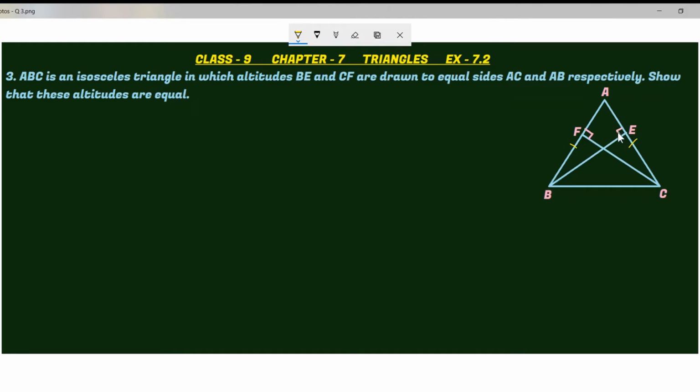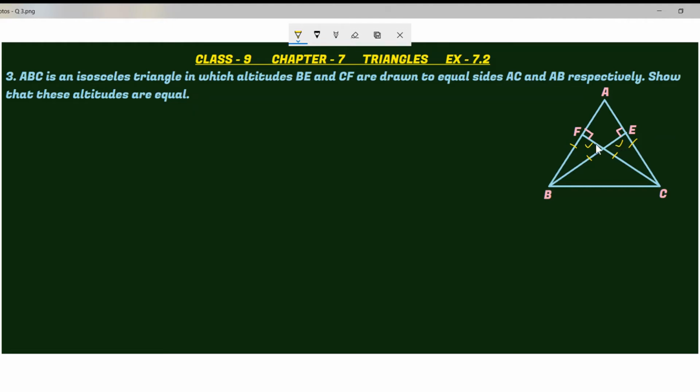We have to prove these two altitudes are equal to each other. For that, what we have to do? We have to take the triangle ABE and the triangle ACF. Then, we have to prove first these two are congruent triangles.